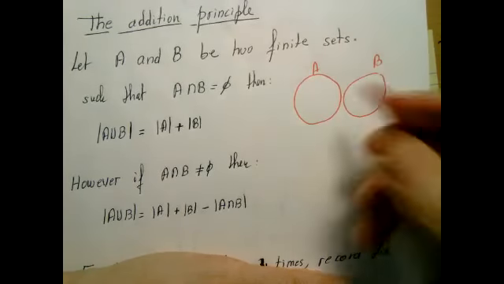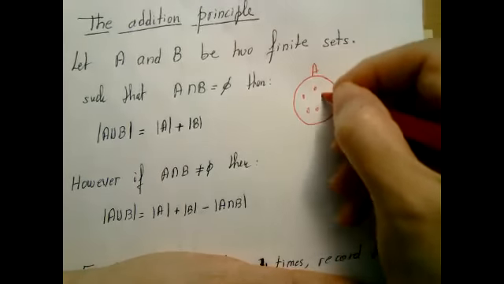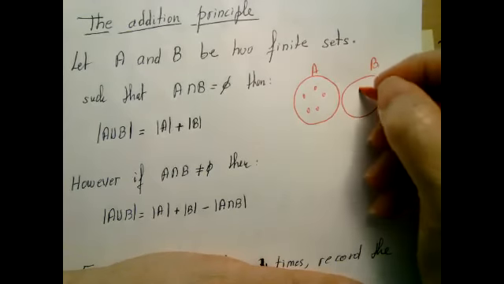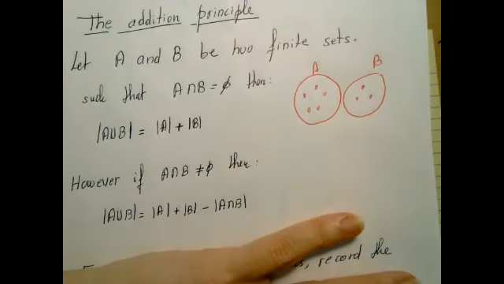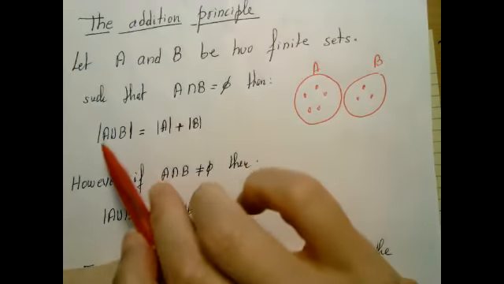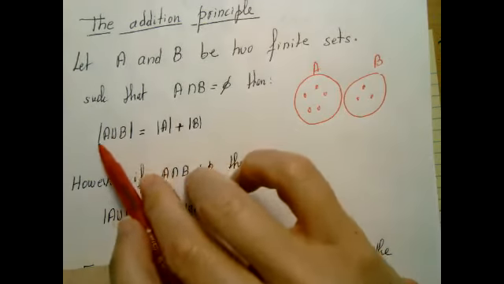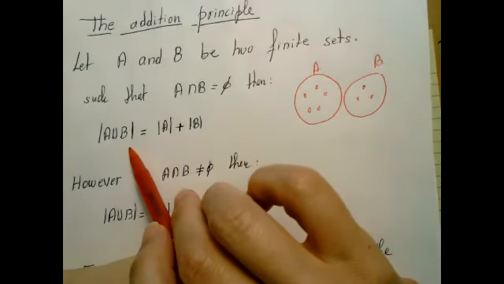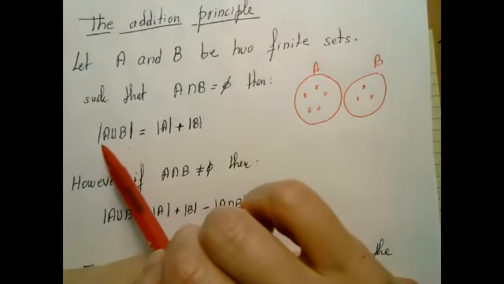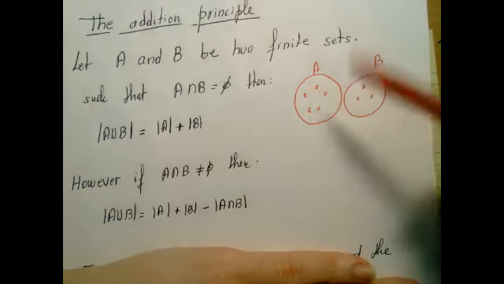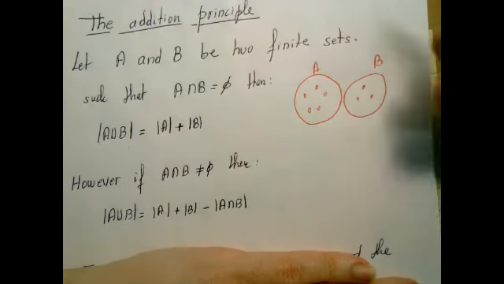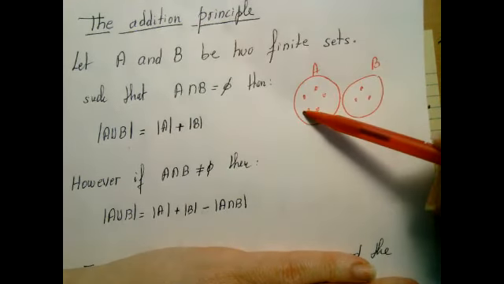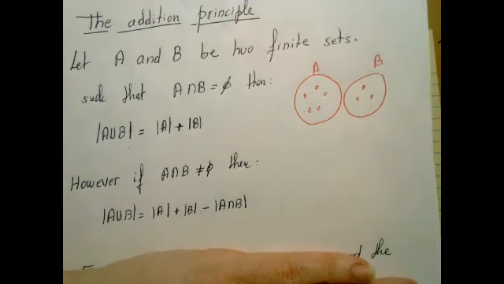Let us say A has 5 elements and B has 3 elements. Then the cardinality of A union B, meaning how many elements there are, is just how many elements in A plus how many elements in B. That's called the addition principle.